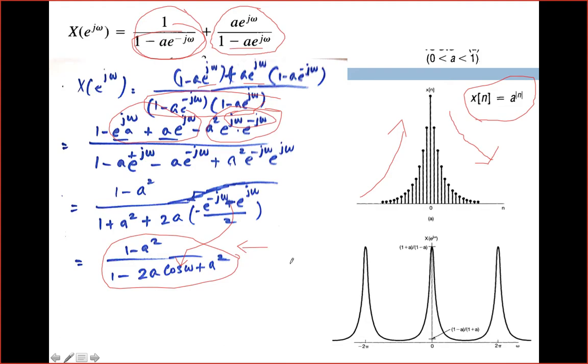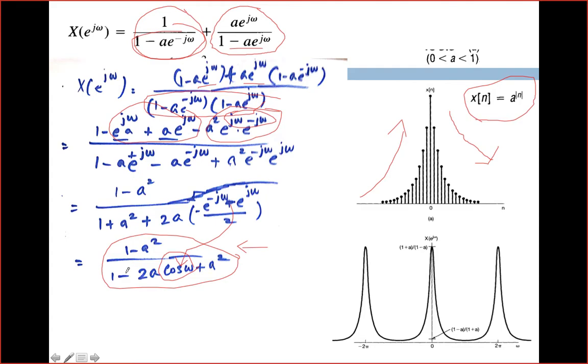Now I am going to give different values to this omega, and I am going to plot the magnitude response. For example, when I substitute omega is equal to 0, cos 0 is equal to 1. Then the denominator will be 1 minus 2a plus a square.